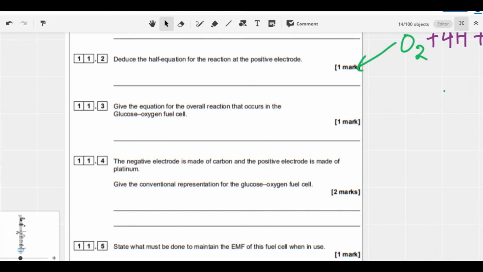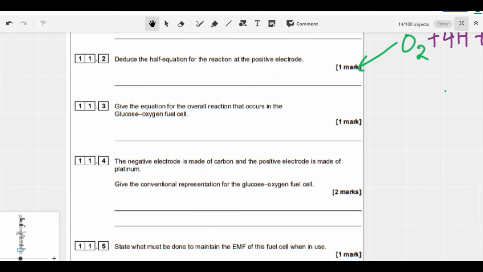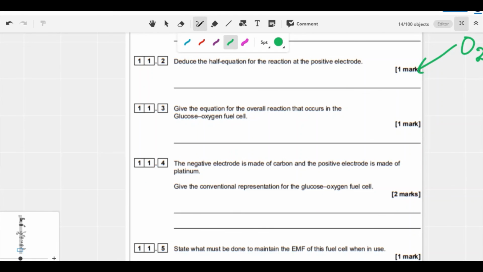Okay, so now the next question is 11.3. Give the equation for the overall reaction that occurs in the glucose oxygen fuel cell. As you know, that is a very common equation, like respiration, which is the breakdown of glucose. Normally in biology that is known as respiration.